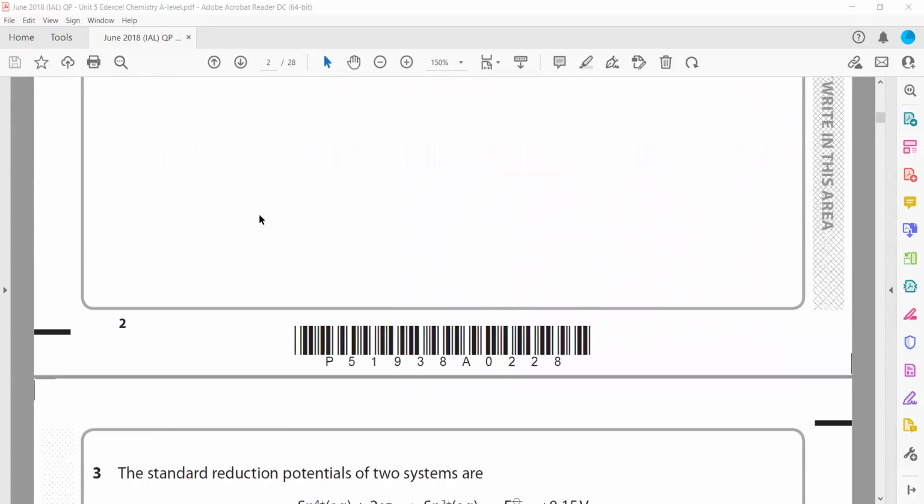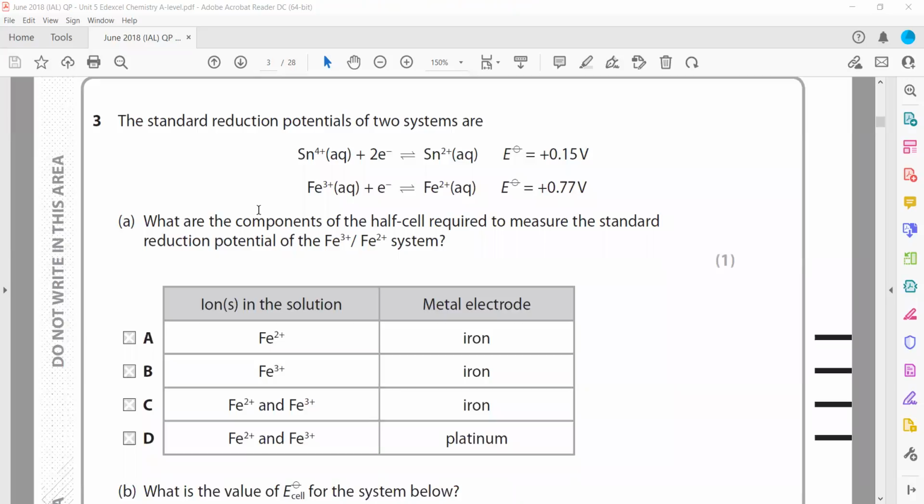The next question. The standard reduction potentials of 2 systems are given. Which component of a half cell is required to measure the standard reduction potential of iron 2 to iron 3? Remember, whenever we are finding the standard potential, if there is a change in the ion, as you can see, iron 2 is changing into iron 3 or iron 3 is changing into iron 2.